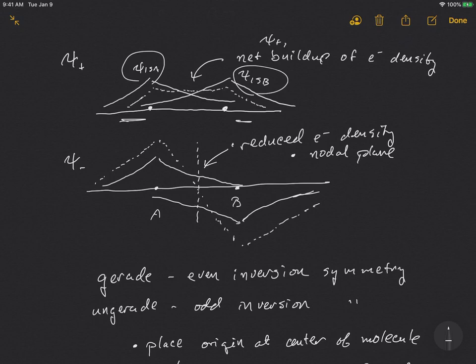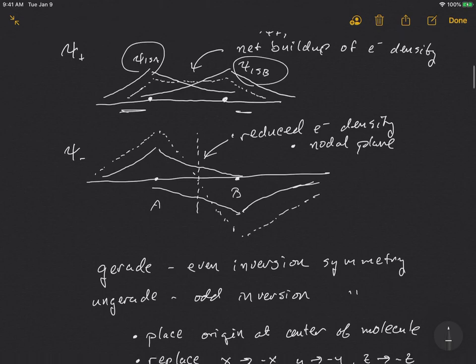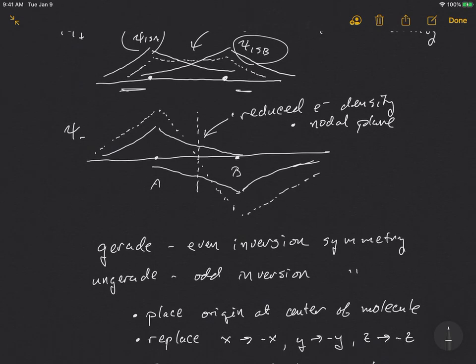And so the electron is not experiencing this most attractive part of the Coulomb well presented by the two nuclei. And it's also not doing as good a job of screening the nuclei from each other. And this, as it turns out, will be an antibonding orbital.